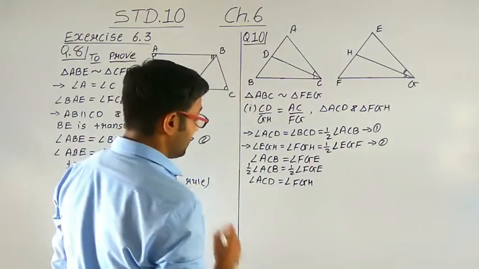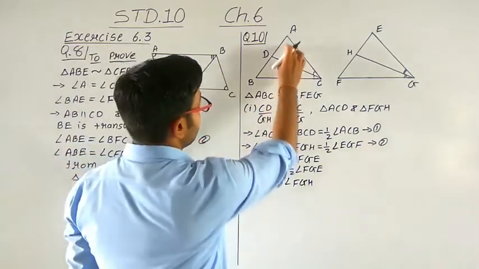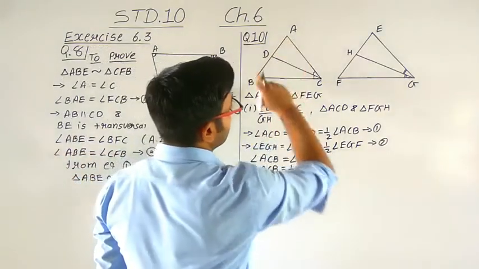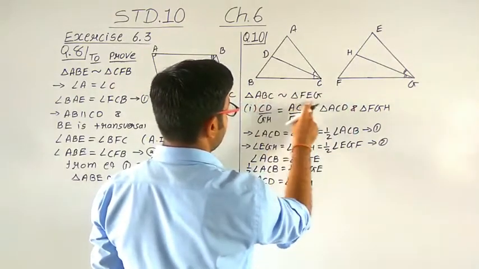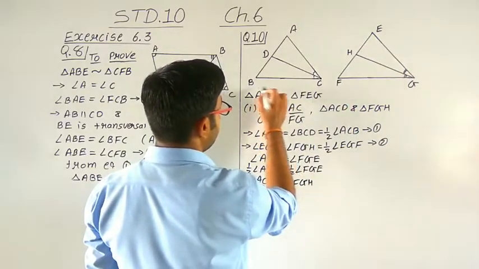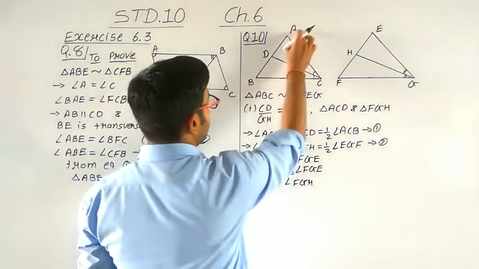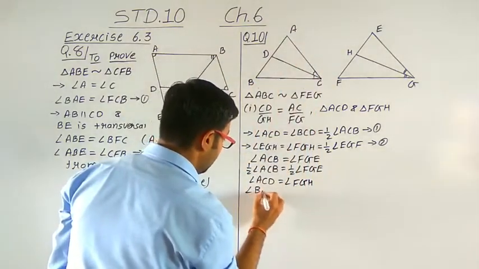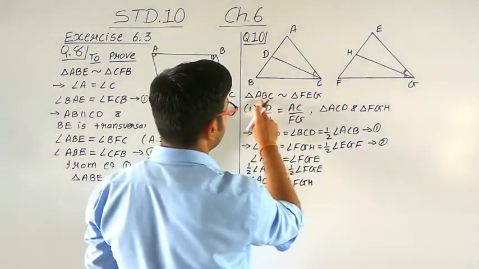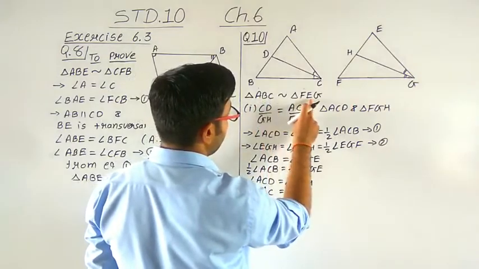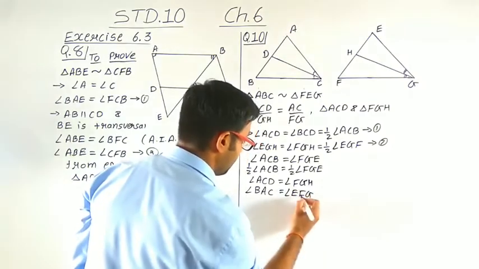The second angle we have to prove is equal. So which angle can we prove? See, in triangle ABC, angle A is there, and in triangle FEG, angle F is there. So according to the similarity criteria, we can write down angle A is equal to angle F. Angle A we can write as angle BAC, and here angle EFG.